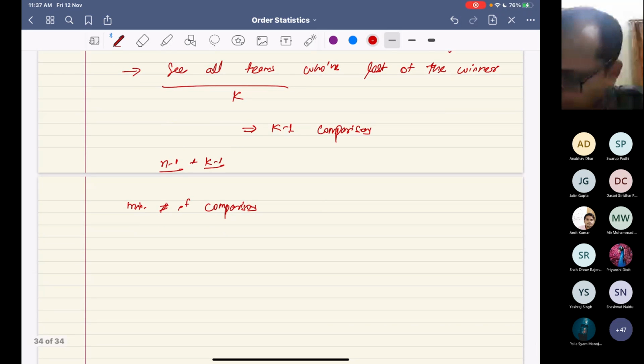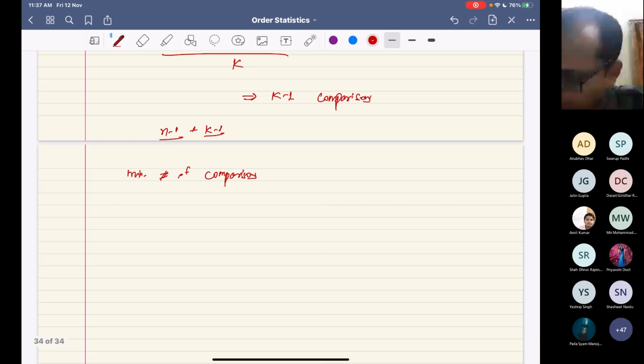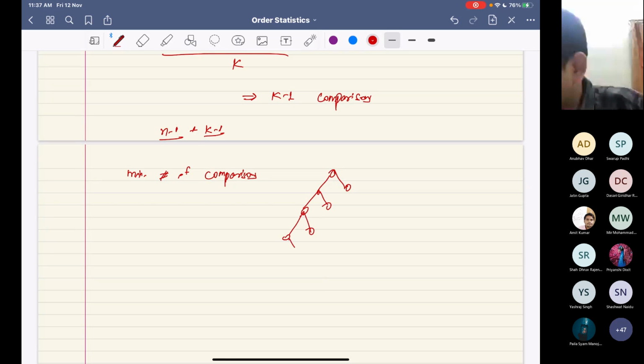In our simple algorithm, the winner plays with each one, and one of them loses and another plays again. So the winner keeps on playing with all the teams, all the n minus 1 comparisons. So there are n minus 1 losers.